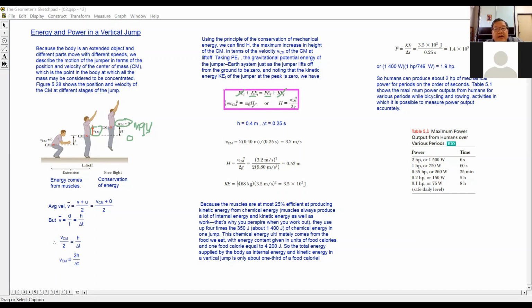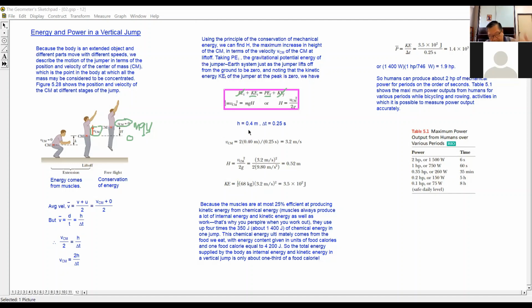So from this equation, we make h the subject of the formula. H equals VCM squared over 2g.